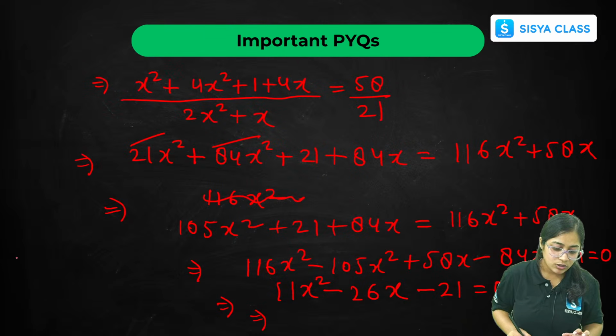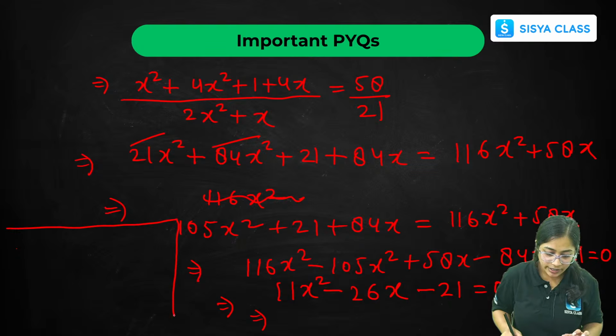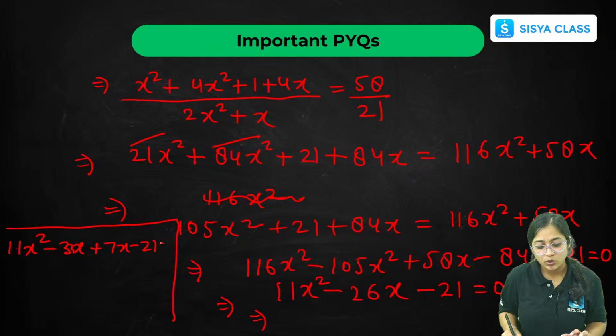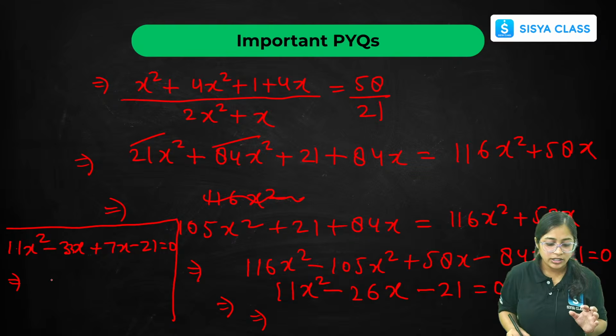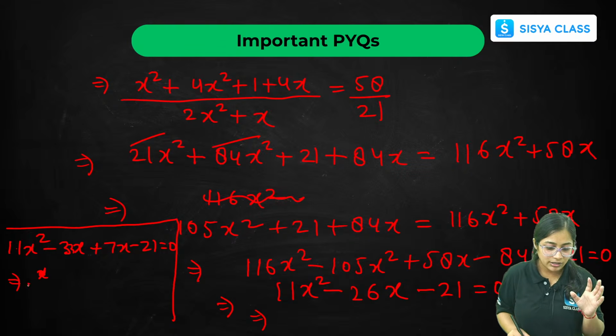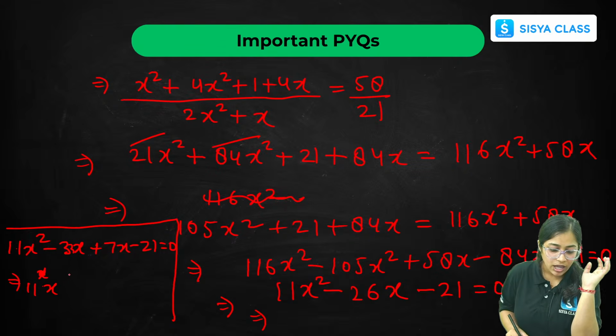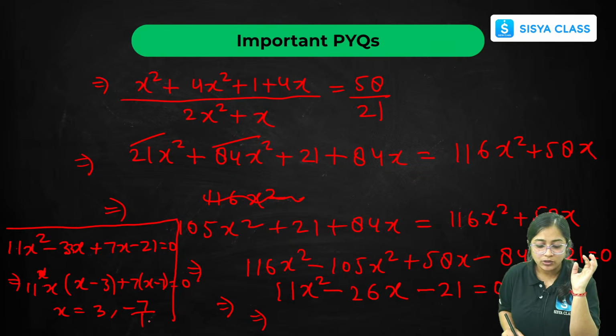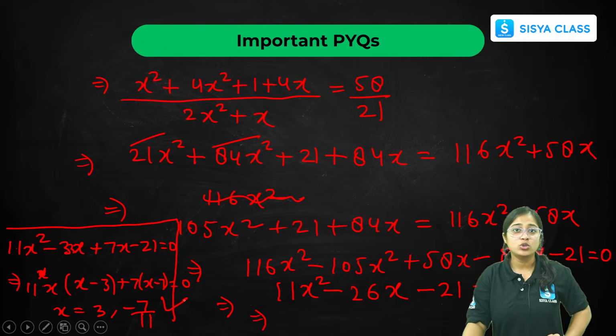When you simplify it, it is 11x square minus 33x plus 7x minus 21 equal to 0. So you will take 11x common from here, and here you can take 7 common: it is (x minus 3) times (11x plus 7). So you will get x equal to 3 and x equal to minus 7 upon 11. These are the roots of your equation.